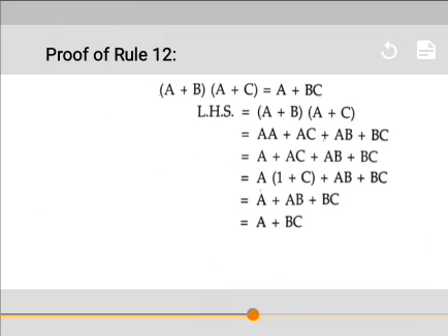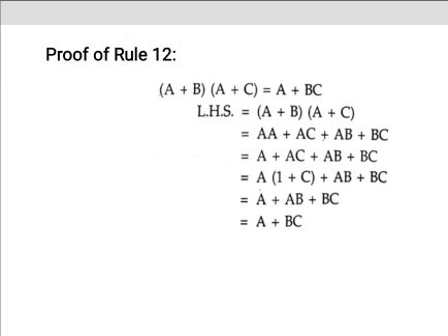Next one, rule number 12. A plus B into A plus C equals A plus BC. Take the LHS, A plus B into A plus C. So, AA plus AC plus AB plus BC by using the distributive law.